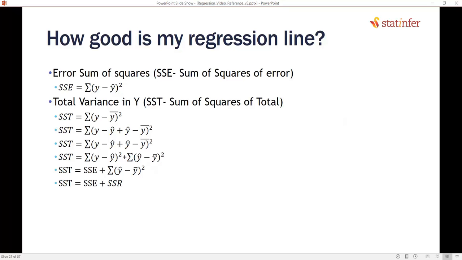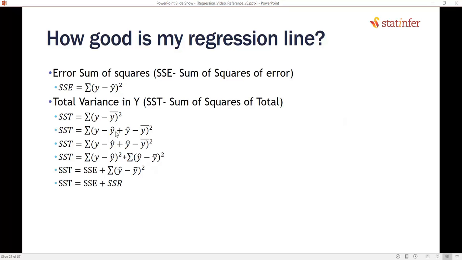But we have to somehow bring the variance of y into the picture, because based on the variance of y only can we tell whether SSE is higher or lower. So this is the total sum of squares, or total variance in y, which is y minus average of y whole square. That is simply the formula of variance.